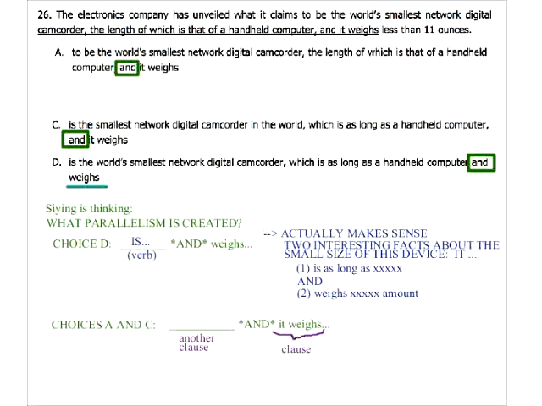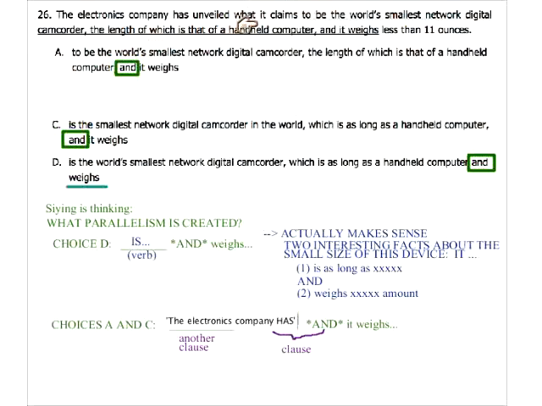So let's take that out of here, and you've got this. Choices A and C are saying, weirdly enough, that the electronics company weighs about 11 ounces. It's kind of strange, right? The electronics company has unveiled what it claims to do this. So the electronics company has done this.